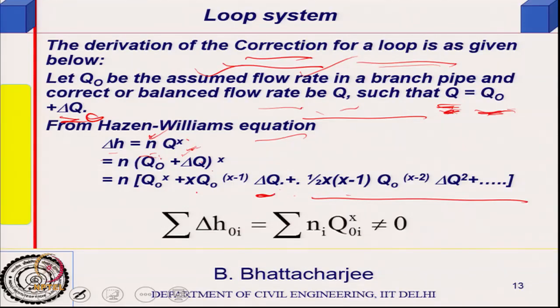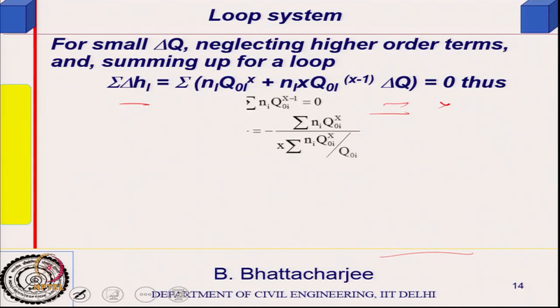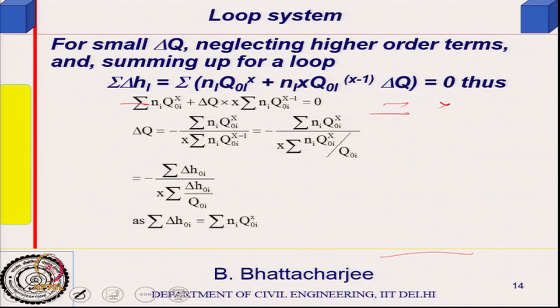So, let me repeat again. I can neglect all these terms. So, what am I left with? I am left with delta h in a given branch being equal to this much. The sum total of all this in a given loop must be equal to 0. It was earlier not equal to 0, but now must be equal to 0. So, that is what I am doing. That should be equal to 0.